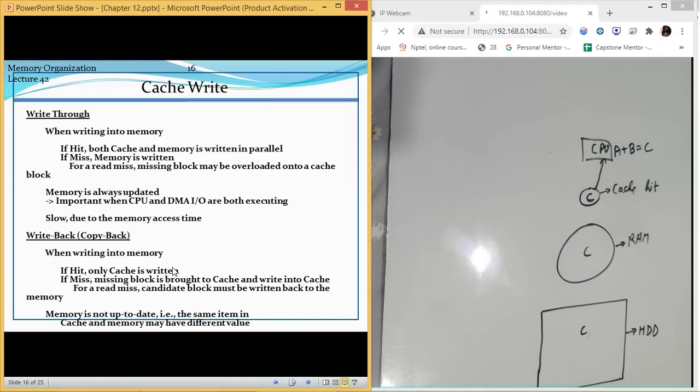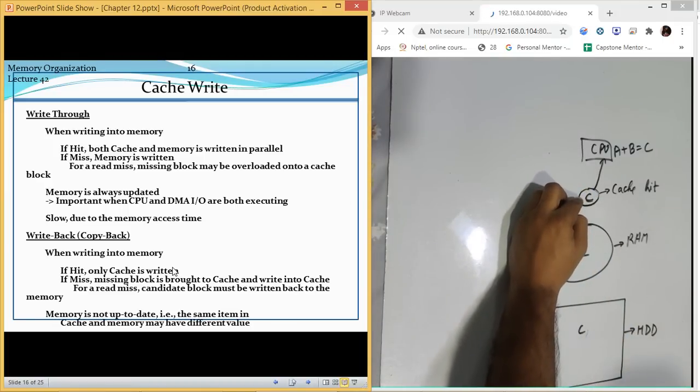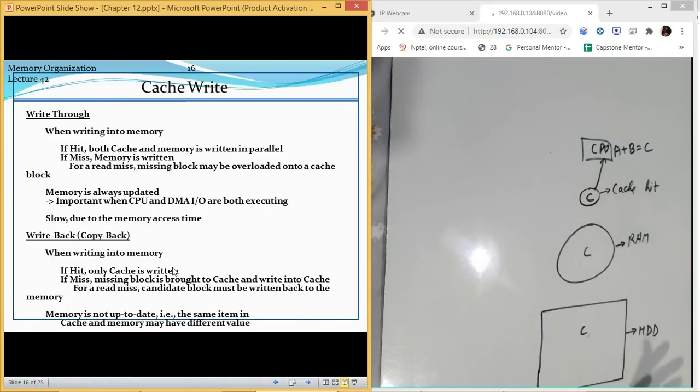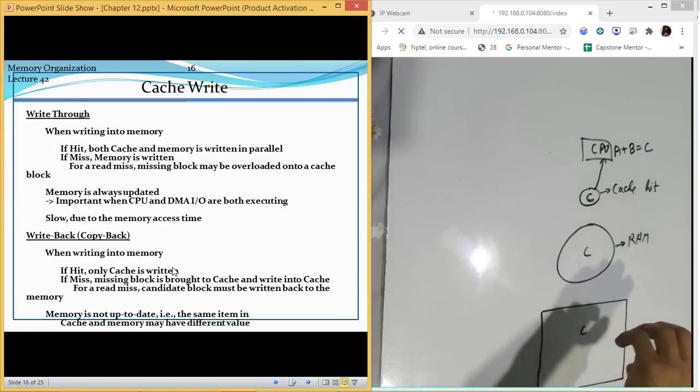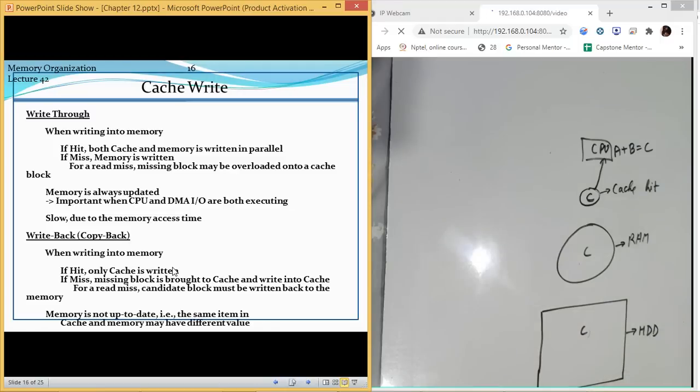So there are different schemes for that. So this is how we are going to update. Whenever there is a cache hit, both RAM and cache are written in one go. Whereas if there is a cache miss, we get the missing block from the RAM to cache. After that, the memory is updated.